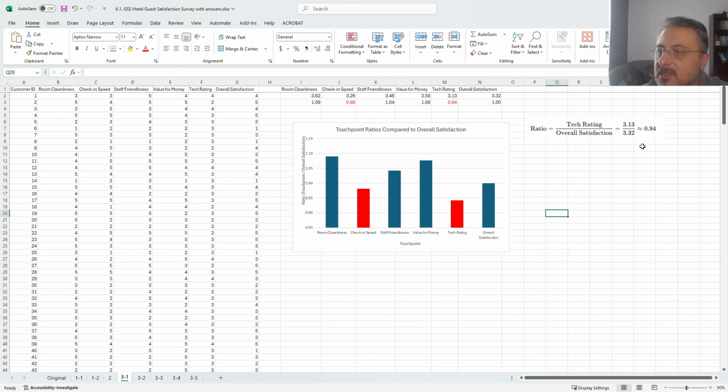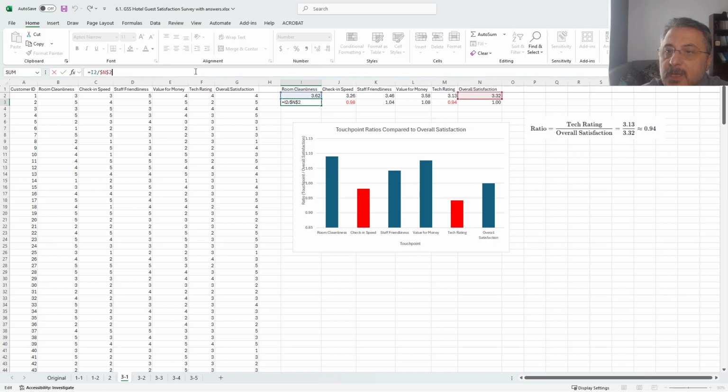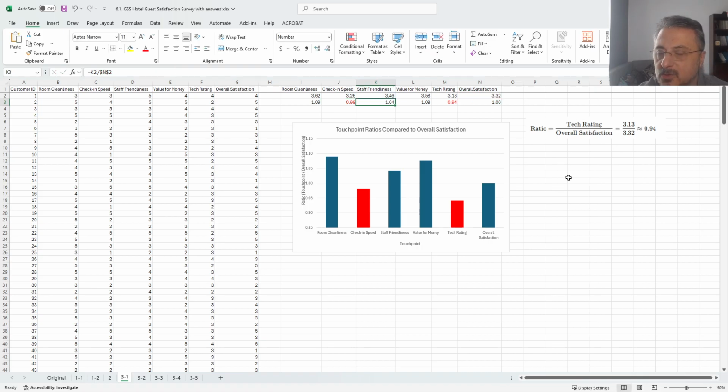For example, in this case, we already have these values from before, right? If you recall, we calculated the averages. Then what we do is we come here and calculate room cleanliness to overall satisfaction. Okay? And check-in speed to overall satisfaction, staff friendliness to overall satisfaction, and so on and so forth.